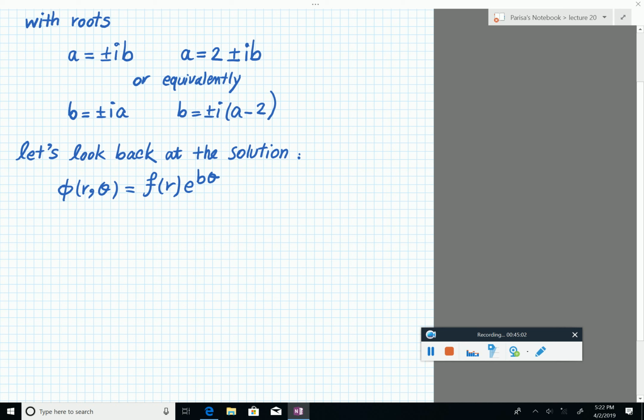So to ensure that, and without going into further details, we consider solutions which have this form for B, where B is i times n. i again is the imaginary unit, and n being an integer.